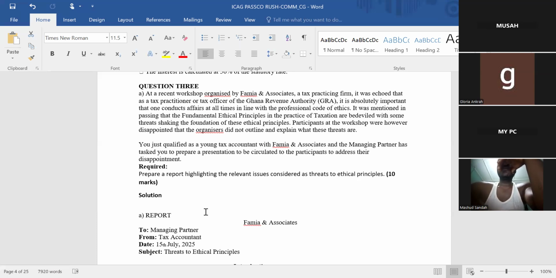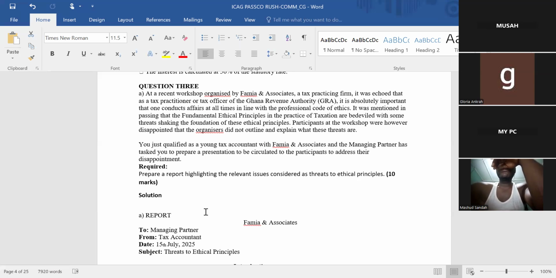It was mentioned in passing that the fundamental ethical principles in the practice of taxation are beset with some threats.